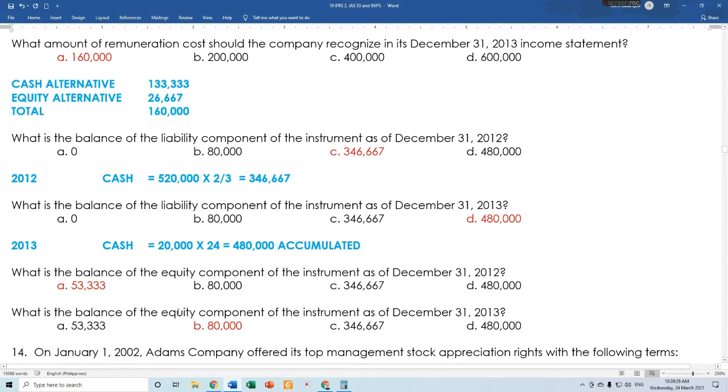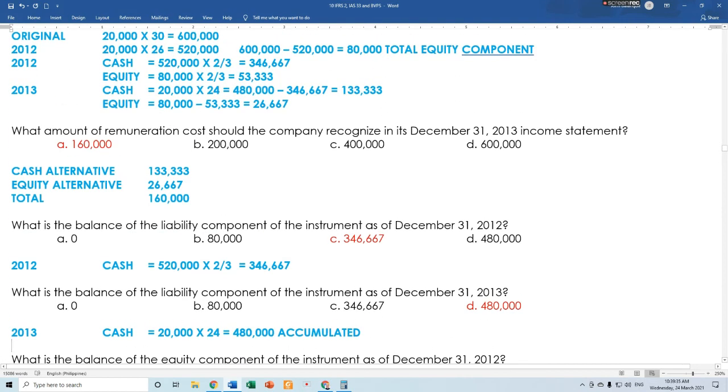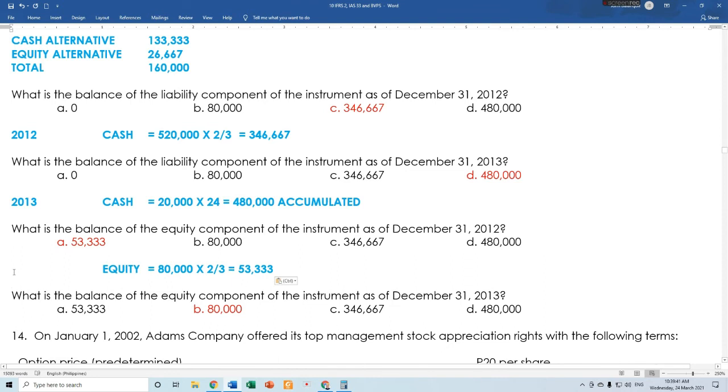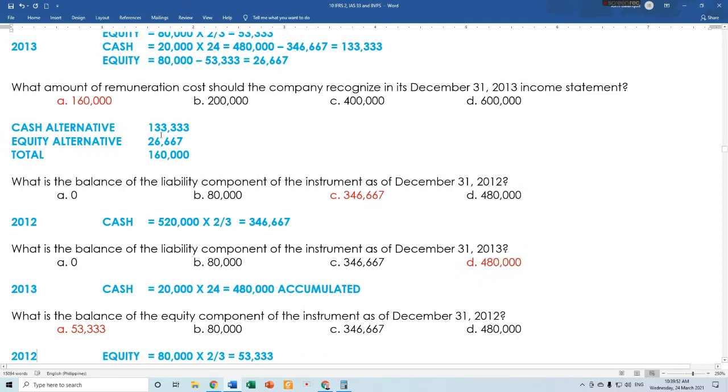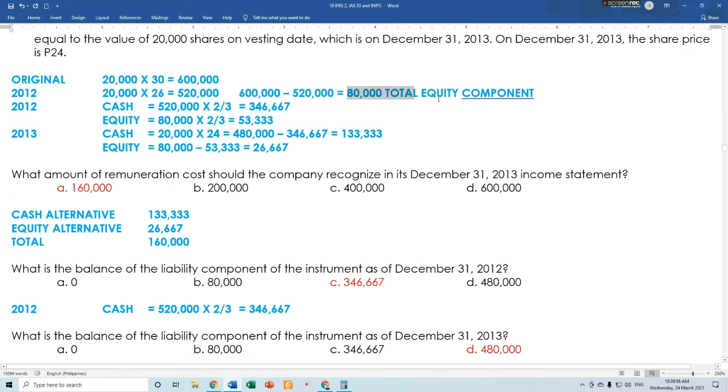What is the balance of the equity component of the instrument as of December 31, 2012? Yun yung equity component na 2012. Tapos, what is the balance of the equity component of the instrument as of December 31, 2013? Yun na yung 80,000, di ba? Kasi yun na yung buo. 80,000 talaga yung na-compute mong total equity component.